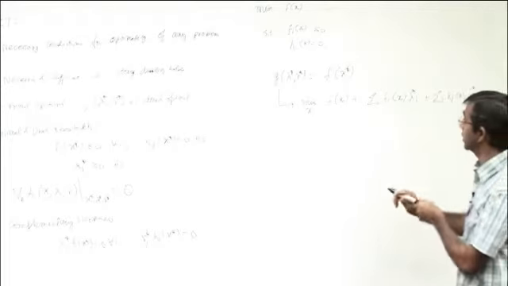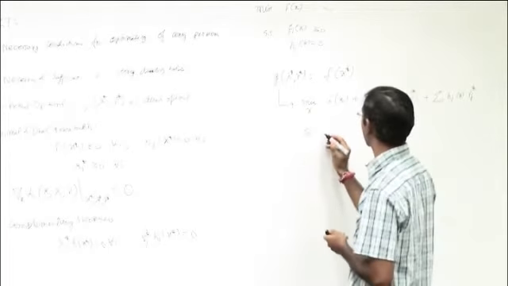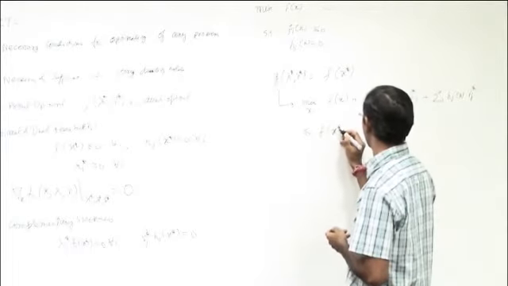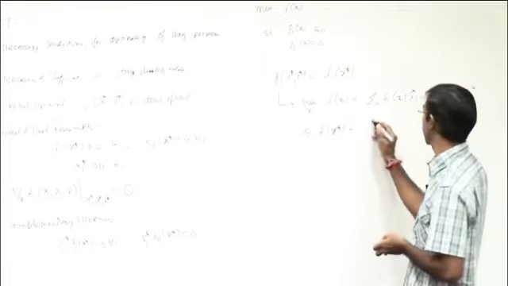And now I know that this quantity is less than or equal to f(x star) plus the summation of lambda_i star f_i(x star) plus the summation of nu_j star h_j(x star), because this is a minimum over all x, so this inequality will hold for x star as well.